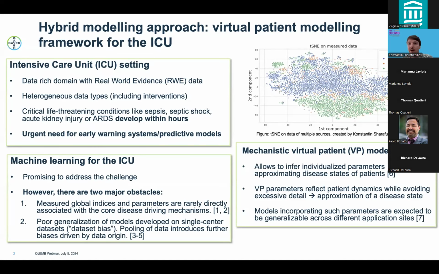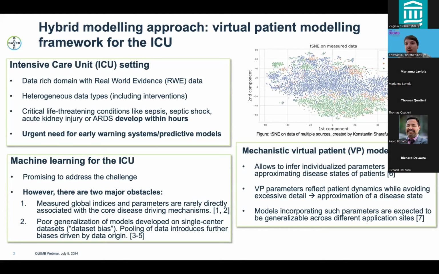Exactly because the patients that are admitted are monitored quite heavily with different devices, lab measurements are being taken, and interventions, medications, vital signs, everything is recorded, and therefore it's quite a nice domain for the theoretical application of data-based tools like machine learning, for instance.